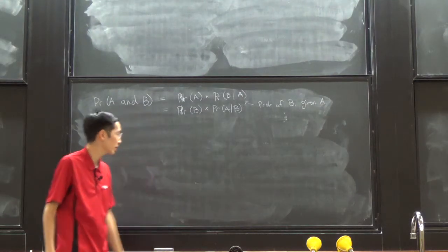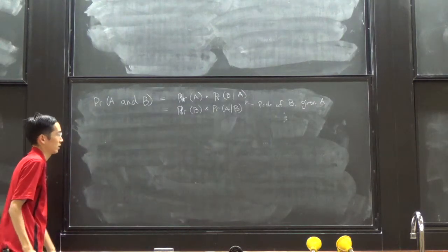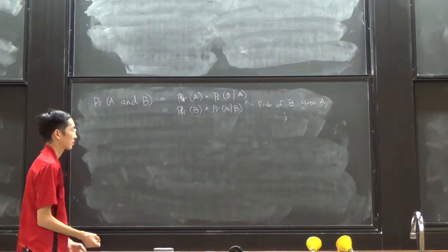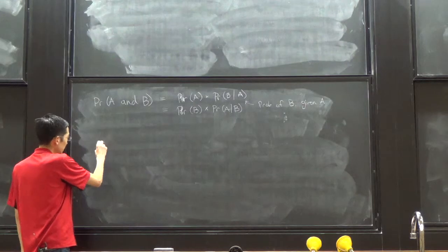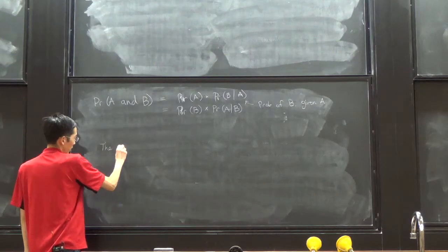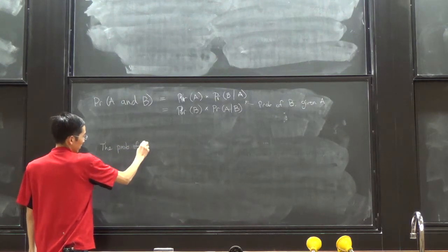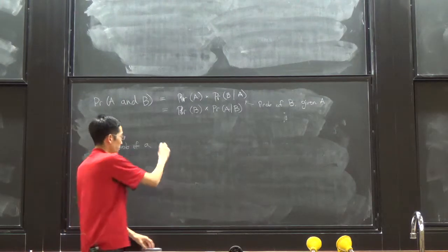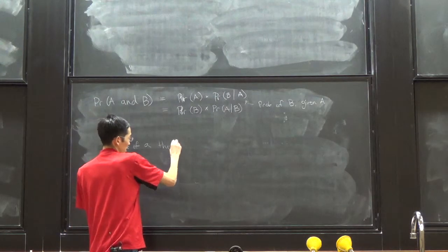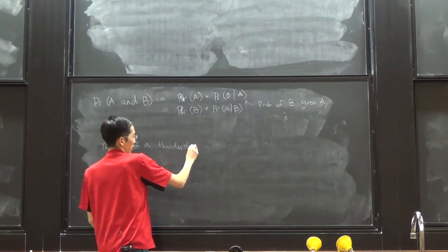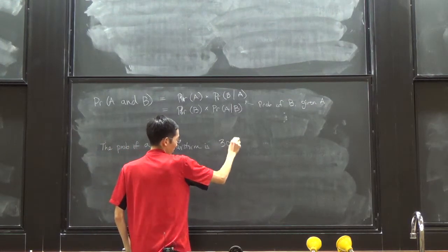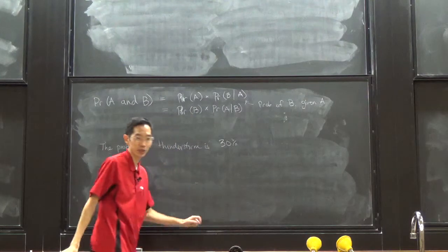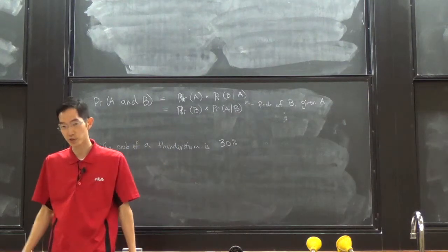This could be something like, the probability of a thunderstorm is 30%. So let's say there's a 30% chance of a thunderstorm.